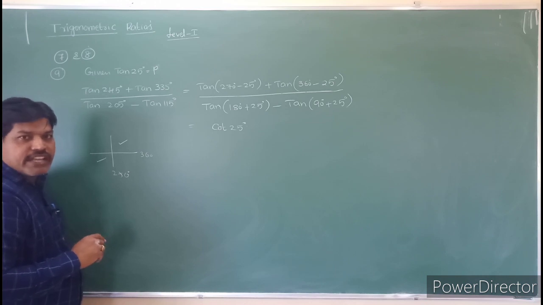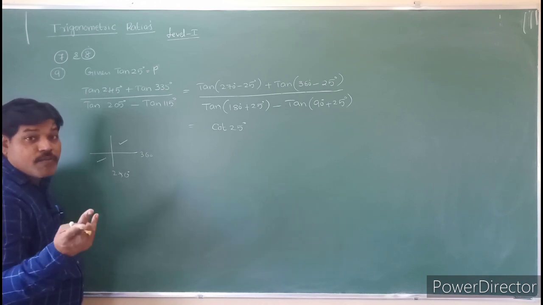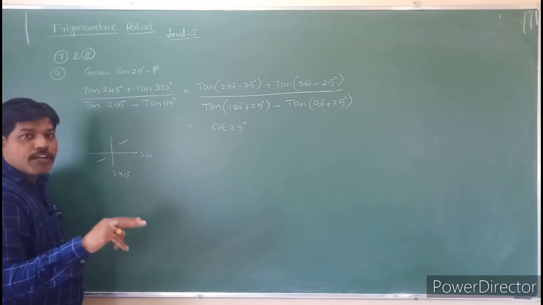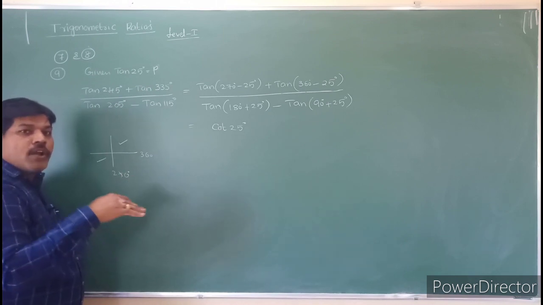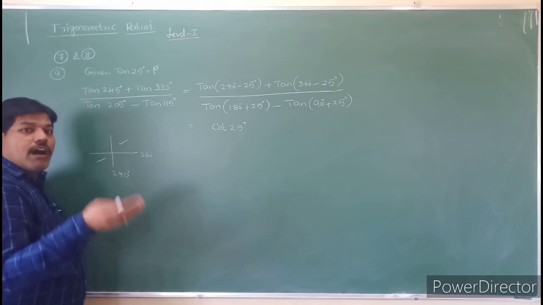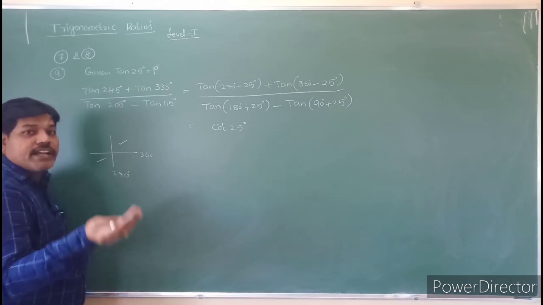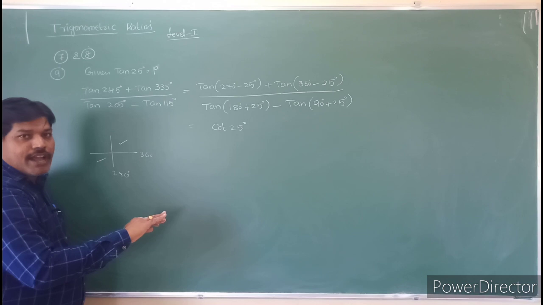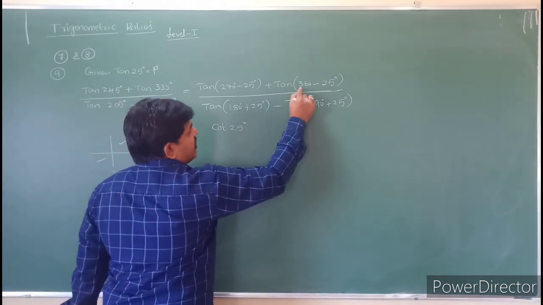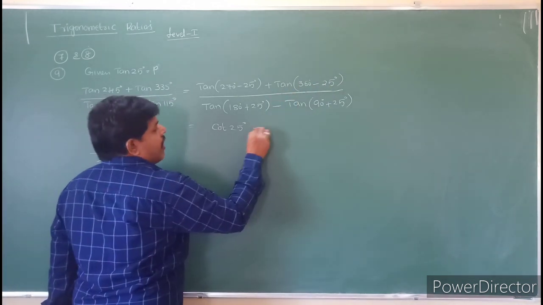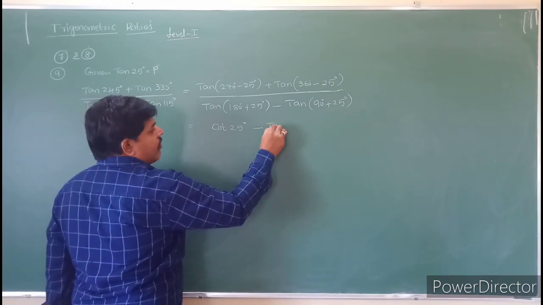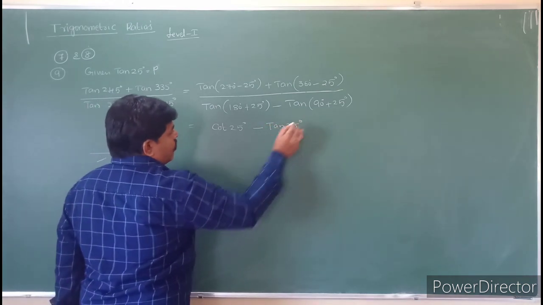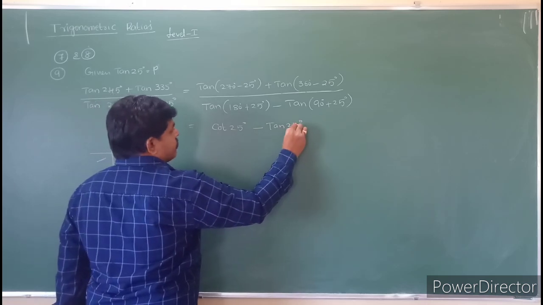What I told you is that odd multiples of pi by 2, like 90 and 270, take the co-ratios. With 180 or 360 or 540, you will get the same trigonometric function. So tan 360 minus theta is a minus. Why? Because in the fourth quadrant tan is negative and tan remains the same. That is minus tan 25 degrees.